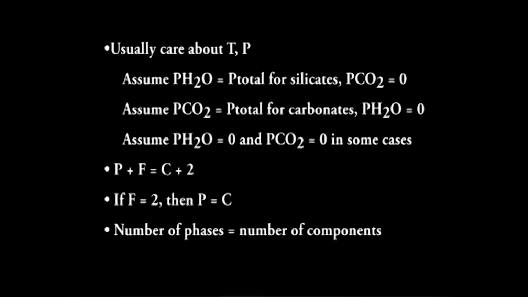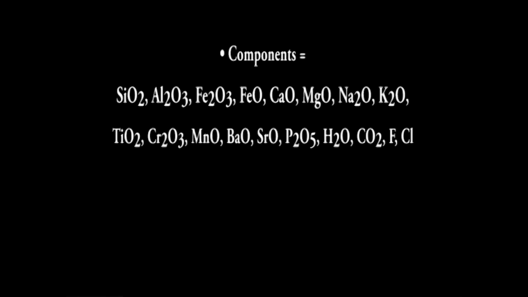Therefore, P plus F equals C plus 2. If degrees of freedom equals 2, then P equals C: the number of phases equals the number of components.